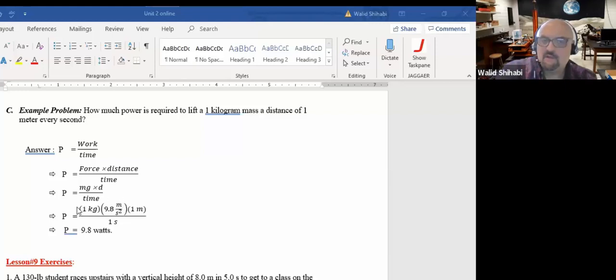Then you multiply it by the distance to get the work, and the distance is 1 meter. So now you'll get the work. So we got the force first, then the work. Then after that, you have to divide it by the time, and the time here is 1 second.